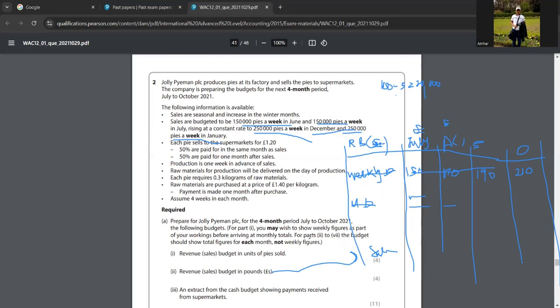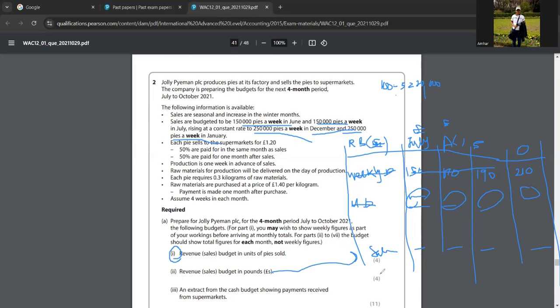So whatever answer you got in the first part, the budget in units, remember I told you 150,000 into 4 for July, 170 into 4 for August. All those are sales units. That answer only you have to write under the sales unit column. Did you understand? Yes, I understand. Okay, so 600,000 will be here. Like that, you'll get for August 680,000, September 760,000, and October 840,000.